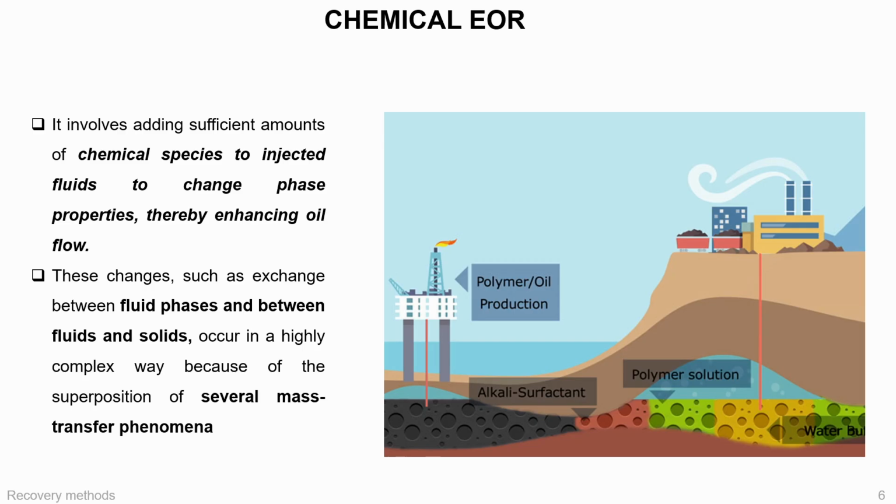Because the interactions among oil, water, rock, and chemicals are very complex, chemical EOR requires careful laboratory testing and field design. The key idea is that chemistry can modify how fluids behave in the pore space. This opens recovery opportunities that are not achievable by simple water injection alone.